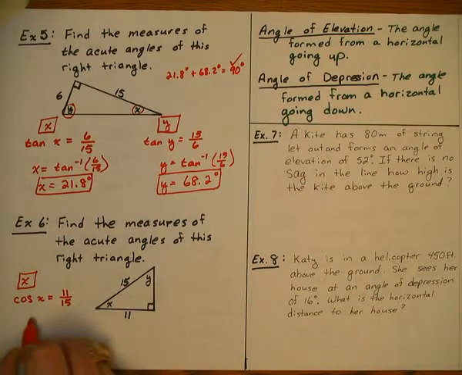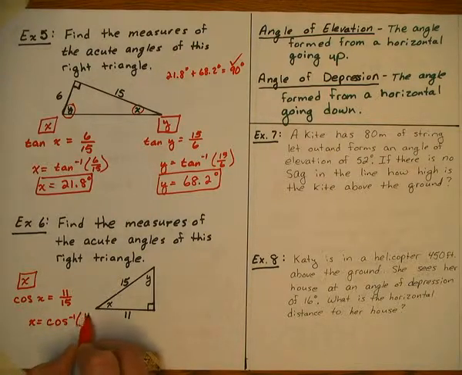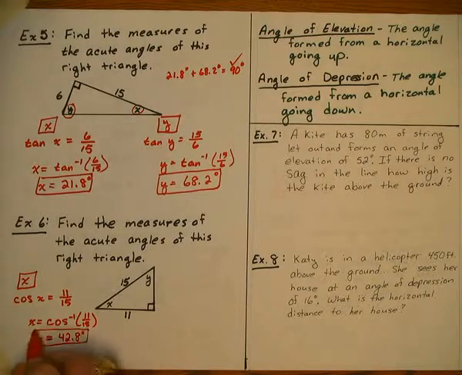That's the adjacent over hypotenuse. Got to move the cosine portion to the other side so we can get the x by itself. So that becomes cosine inverse of 11 over 15. And when you put this in, you're going to end up with x is equal to 42.8 degrees.